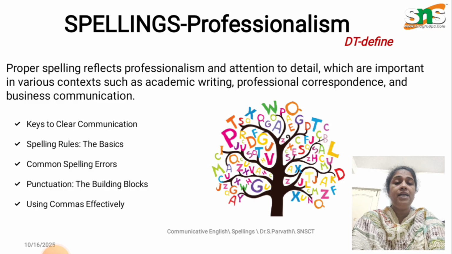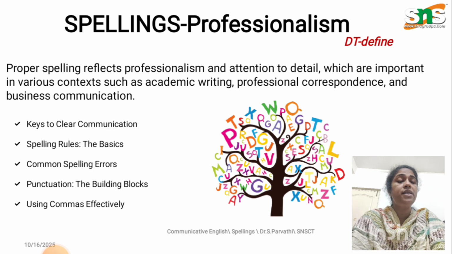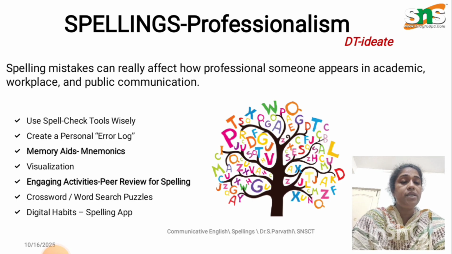And look at the word pronunciation, the building blocks. Communication is very, very important, and pronunciation is also very important. Using commas effectively: we use punctuation wherever we want to pause, right?